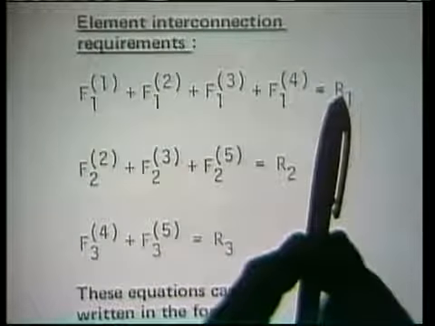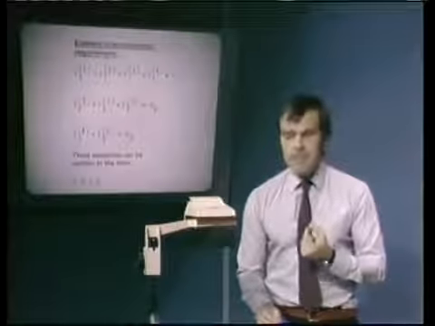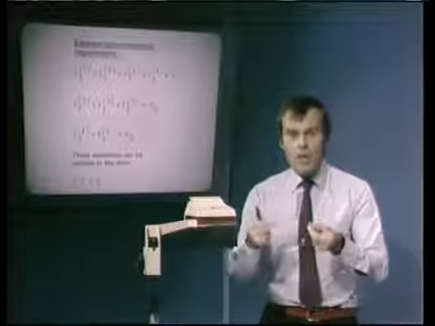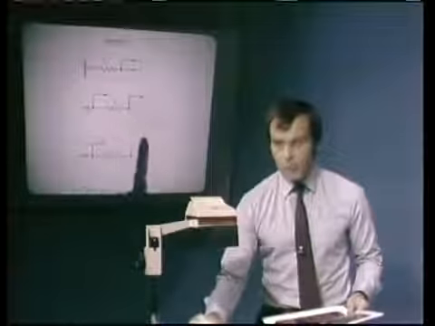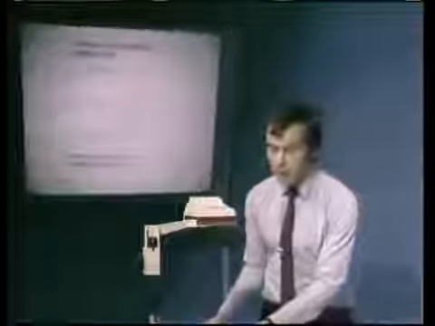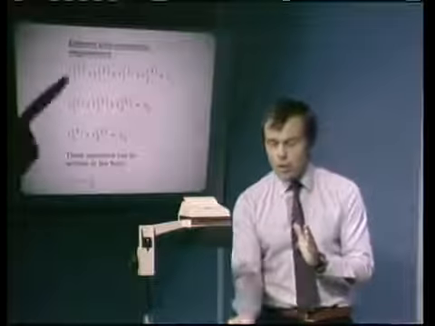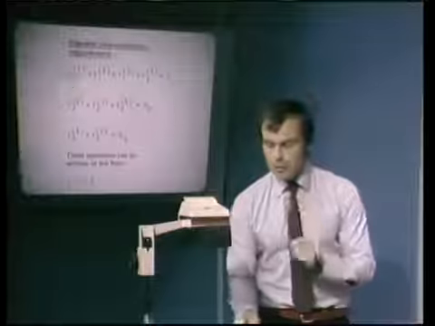That is the interconnection requirement between the springs. The equilibrium requirements within the springs are expressed by these individual matrices here that we looked at already. These are the equilibrium requirements for the individual springs. Now I'm talking about the equilibrium requirement at the cards, the interconnection requirements between the springs.